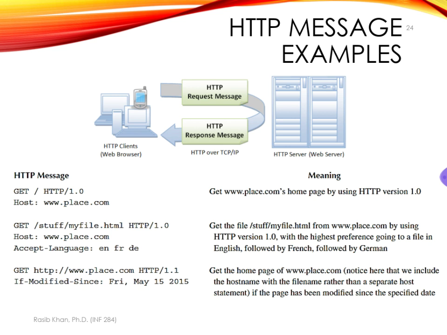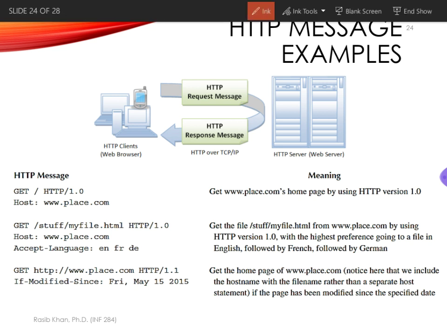So if you look at a very simple few examples of HTTP messages, first of all, HTTP messages work in a very much request-response format over TCP/IP or even UDP, and the requests are sent from HTTP clients, commonly web browsers, and the HTTP server is a server which is running on port 80.